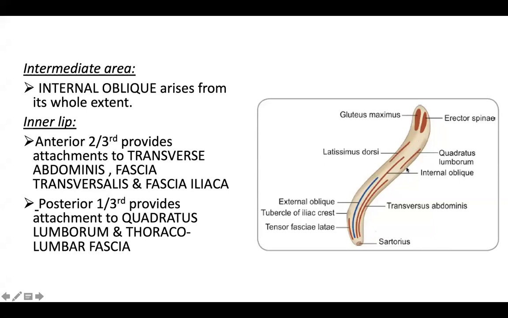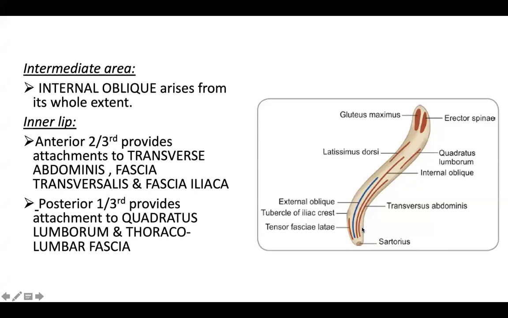Along with these two muscles, this inner lip is also providing attachment to the fascias like fascia transversalis, fascia iliaca, then thoracolumbar fascia, which was not denoted in this diagram, because here we are highlighting only the muscles.